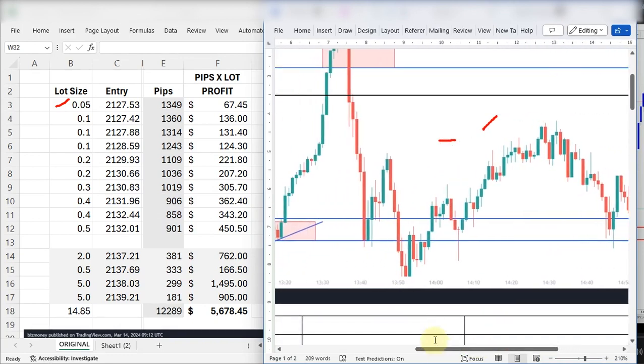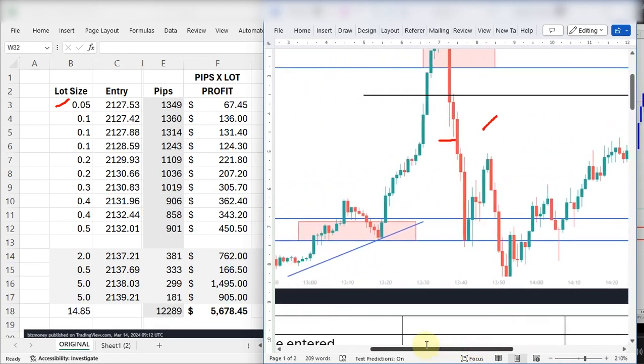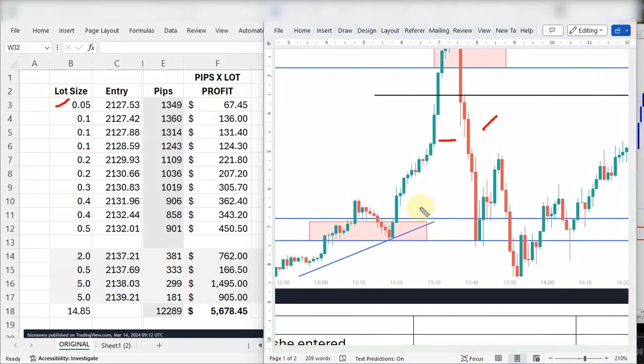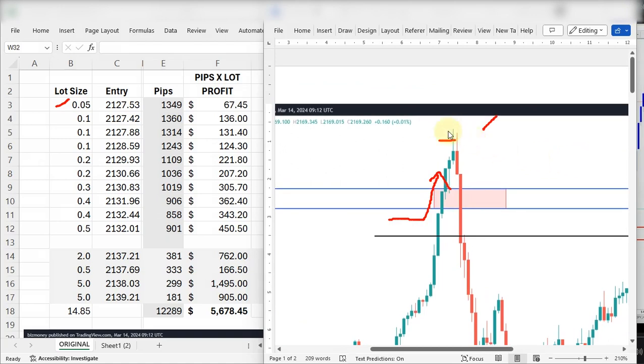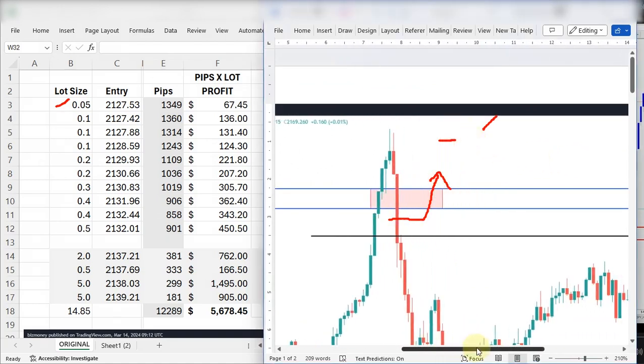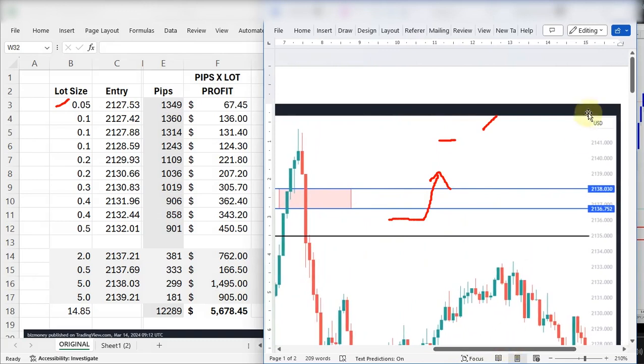So this is where your wife started stacking at this region, the upside. That was where she started stacking. And if you go to the top of the chart, around this region, you will see that is 2141 around this region.